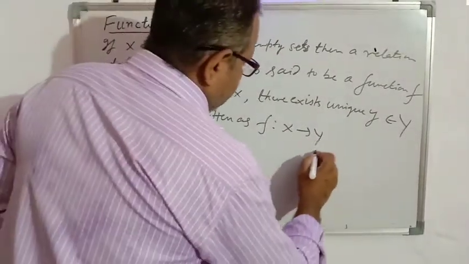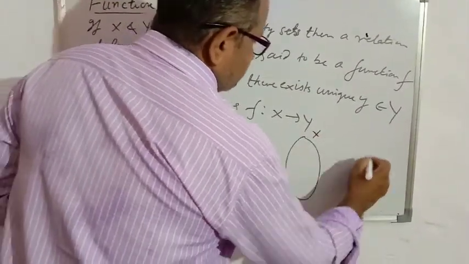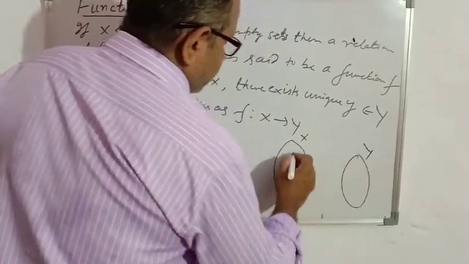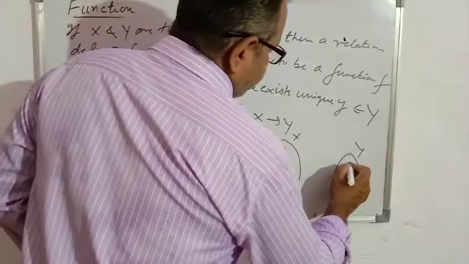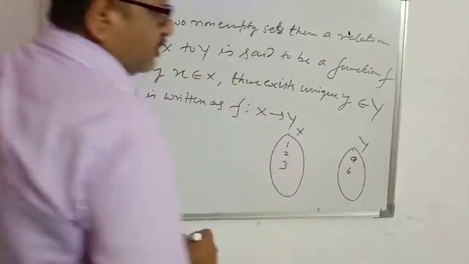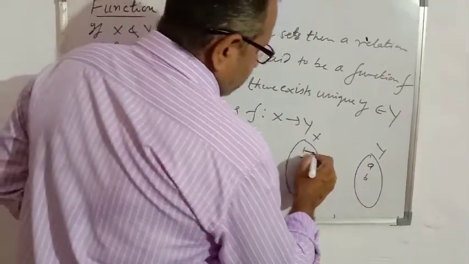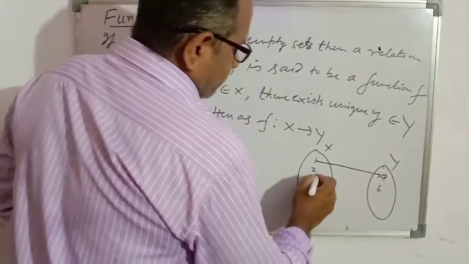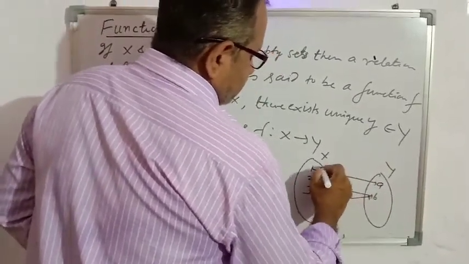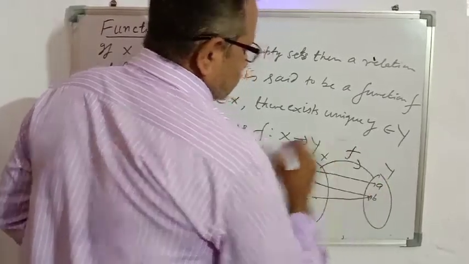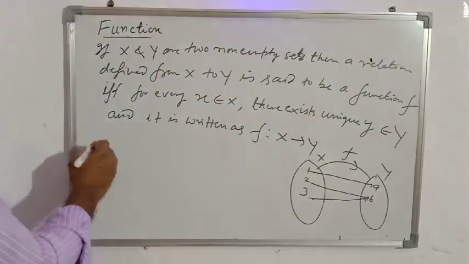Example I have already taken. Suppose this set is X, this set is Y. Here 1, 2, 3, three elements are there. Only two elements are here. 1 is related to A, 2 is related to B, 3 is also related to B. So this relation is called a function.